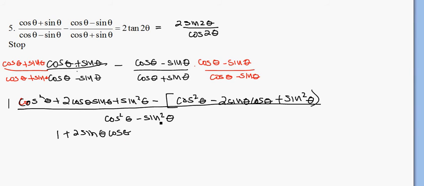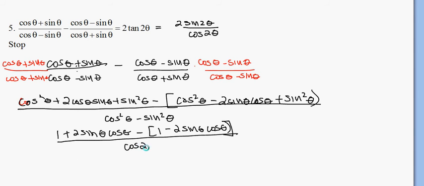I just switched the order, hope you don't mind. Distributing this negative, let's first make this 1. So these two together make 1. So this is negative 1 minus 2 sine theta cosine theta, all over cosine 2 theta. There's my denominator all set.